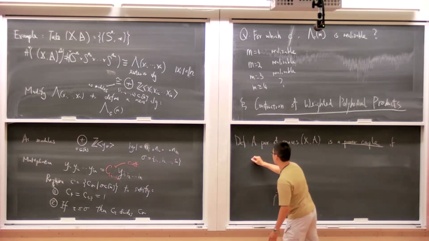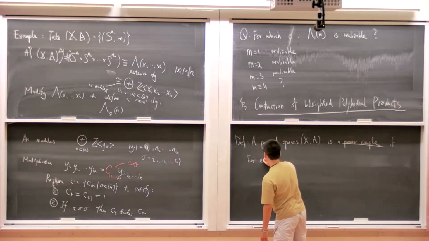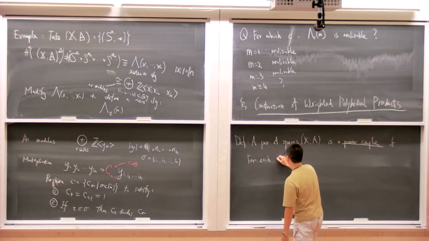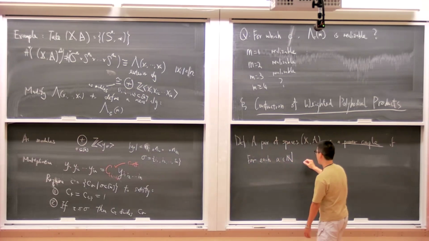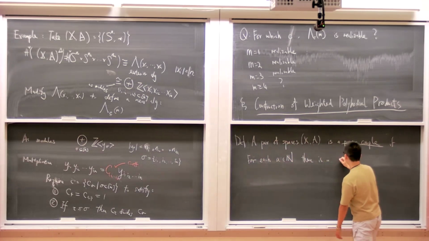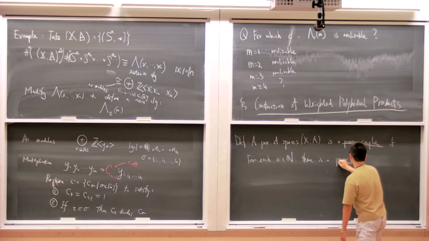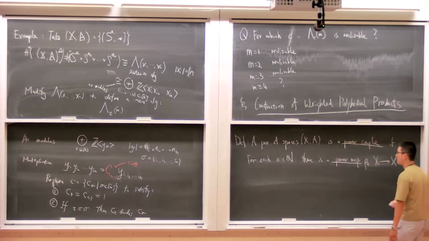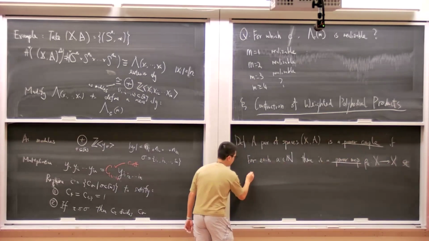if for each natural number a, there exists a self-map, what we call a power map. Let me denote it by rho sub a. It's a map from X to X itself, and they satisfy two things.